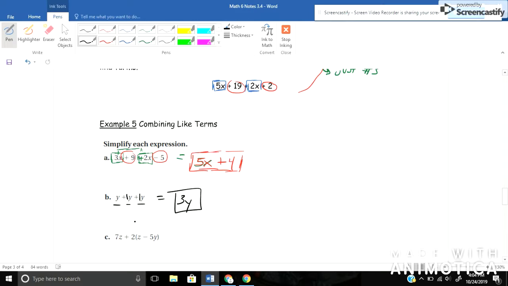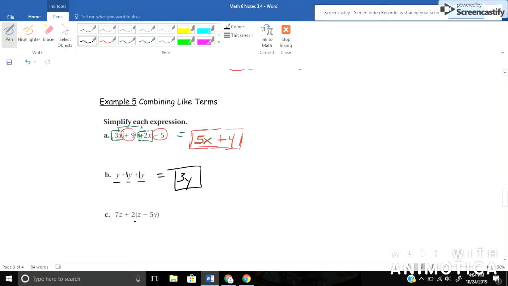And lastly, letter C has a bit more to it. A couple steps in this one where first, you see you've got the parentheses here. You're going to want to be thinking about distributing at first. So I have 2 times z, which would give me 2z.